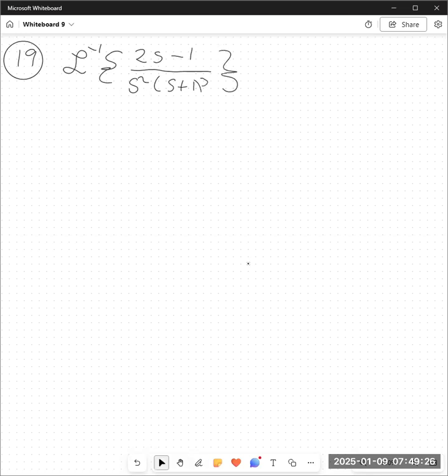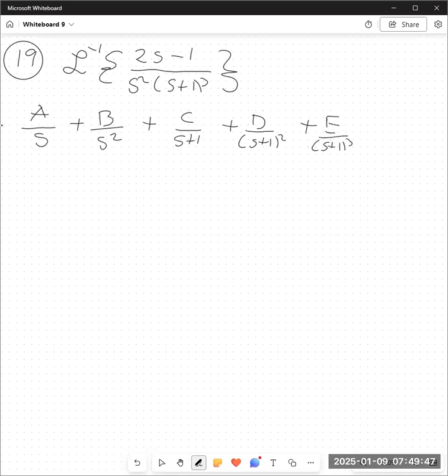And so for partial fraction decomposition, that's going to be the constant a over s plus the constant b over s squared plus the constant c over s plus 1 plus the constant d over s plus 1 squared plus the constant e over s plus 1 cubed. And that's going to be equal to 2s minus 1 over s squared times s plus 1 cubed.